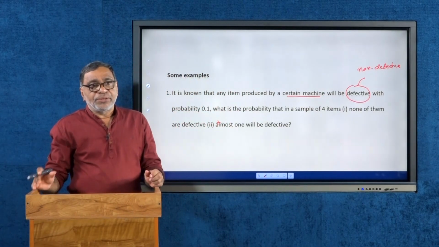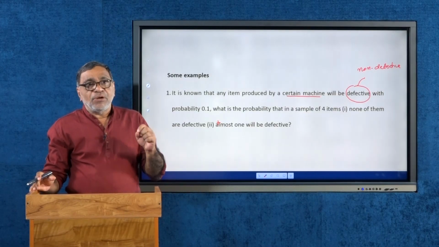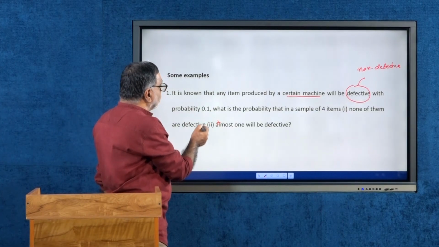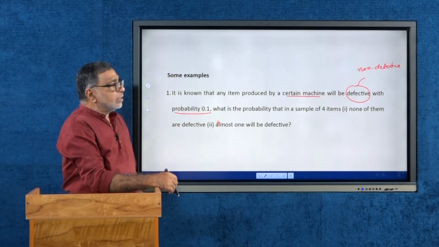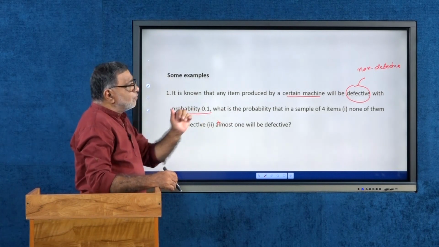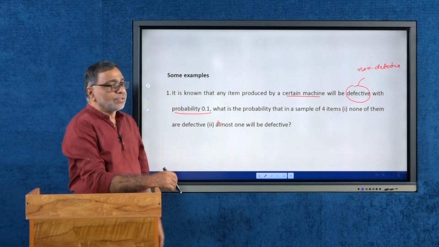Defective and non-defective. And what is given again? The probability of getting a defective outcome is given as 0.1. And then the question is, what is the probability that in a sample of 4 items none of them are defective, and at most one will be defective.